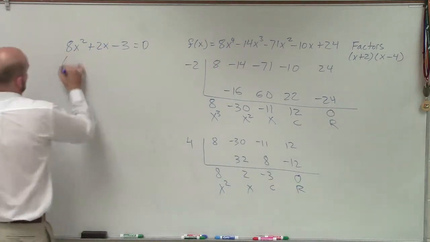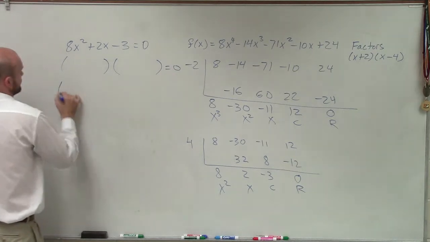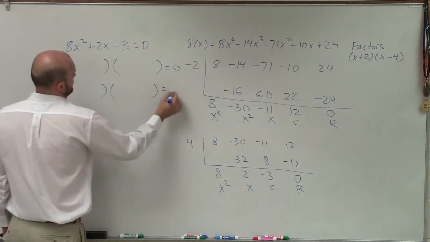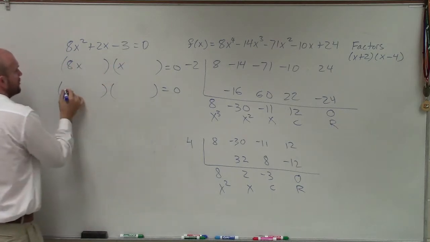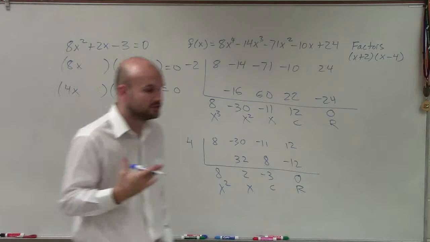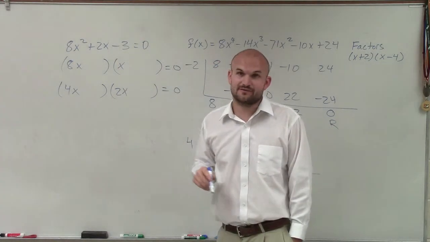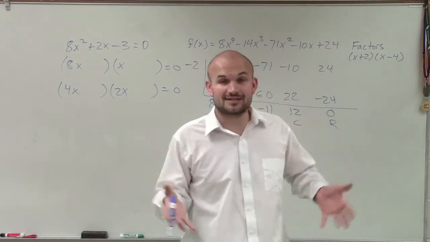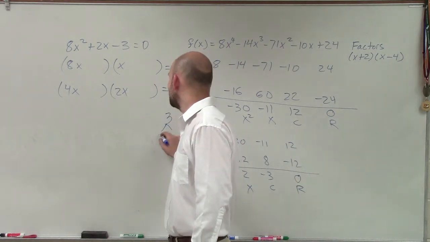So to do this, there's two different options we have. We could have 8x times x, or we could have 4x times 2x. Now remember though, our last two terms have to multiply to give us negative 3. That means one of my factors for 3 has to be negative.